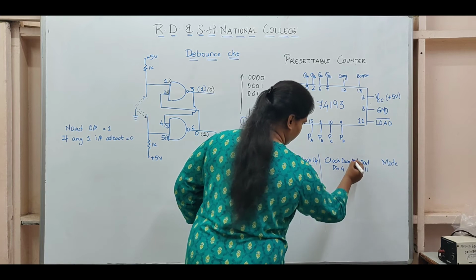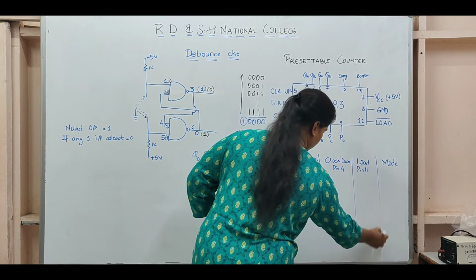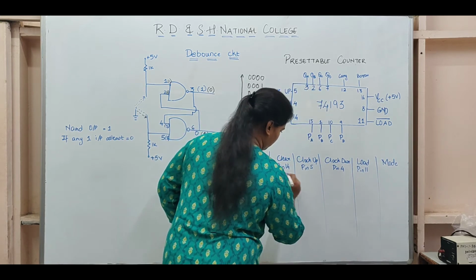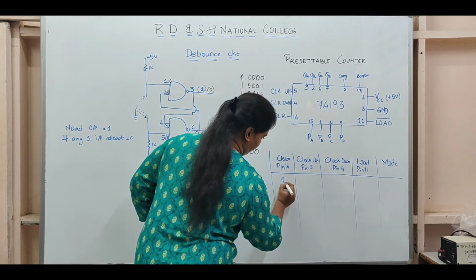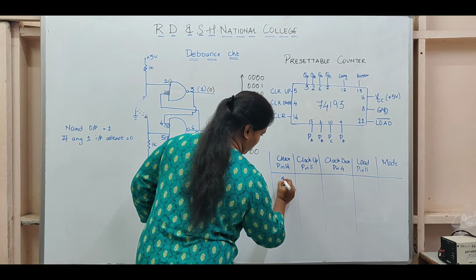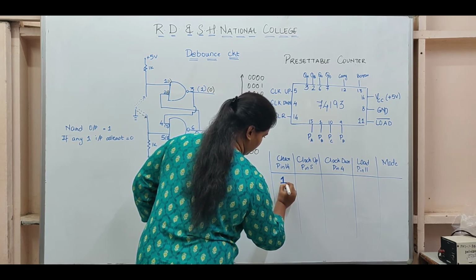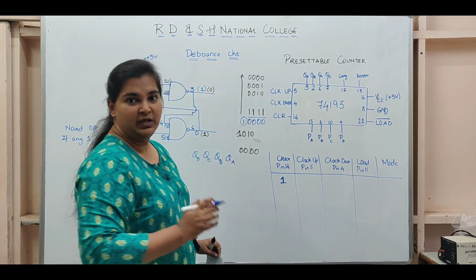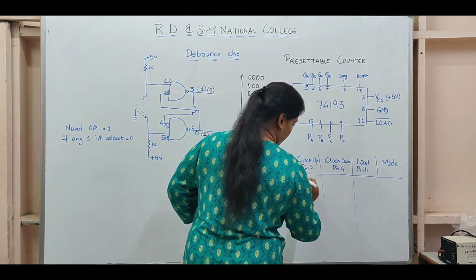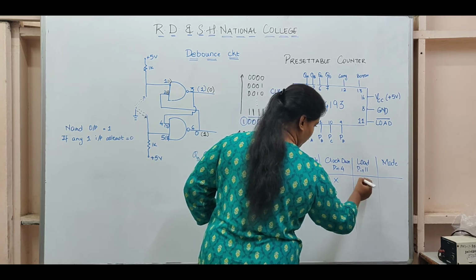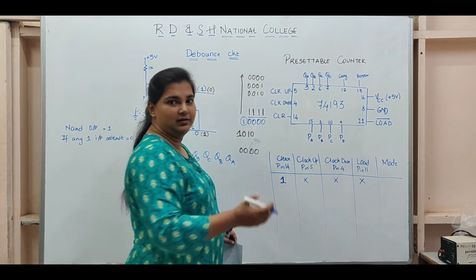So starting with the first one. Suppose your pin number 14 is 1, that is, held at high. Pin number 14 is your reset pin. I repeat, pin number 14 is your reset pin. As a result, whatever the condition of pin 5, pin 4, pin 11 does not matter.